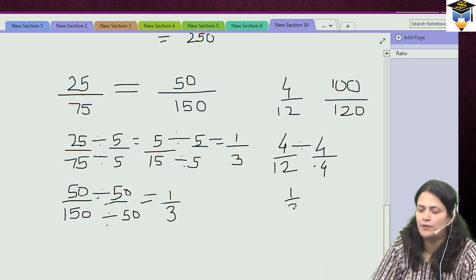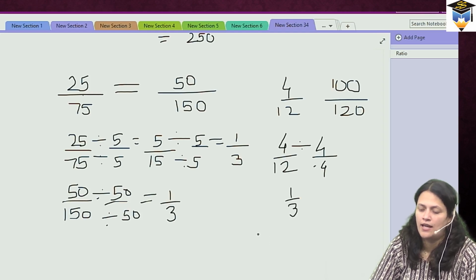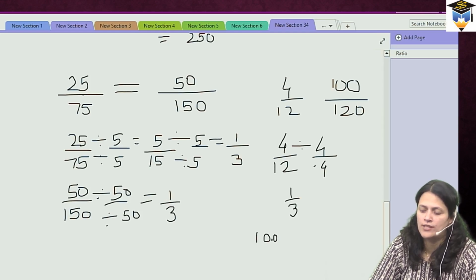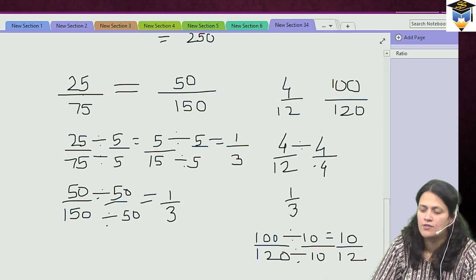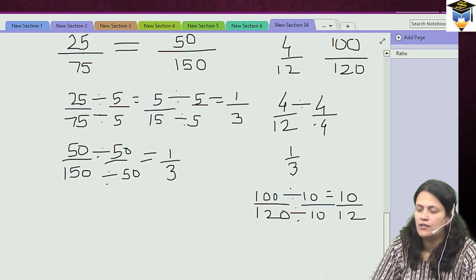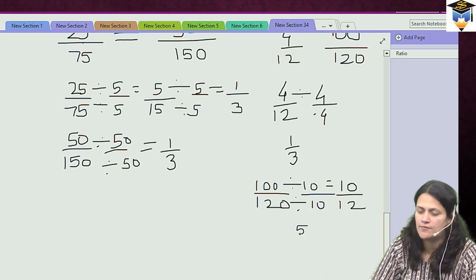So that comes out to be 1 by 3. And if I want to convert this to the lowest form, it would be 5 upon 6. So therefore, they are not equivalent ratios.